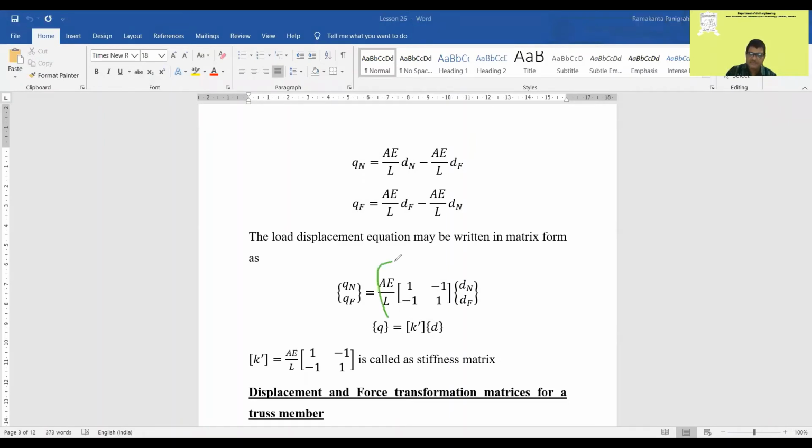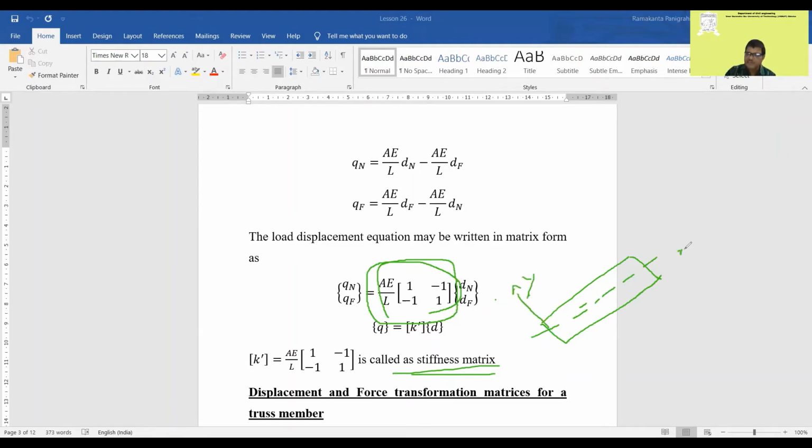This is known as K dash. That is called the stiffness matrix for a truss member, where the axis coordinates are taken along the member axis. That is the local coordinate. You are taking the member axis along this member. So if this member is like this, you are taking this as the local x coordinate, and perpendicular to this you are taking the y coordinate, right?